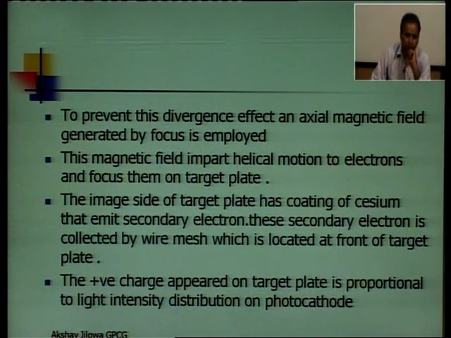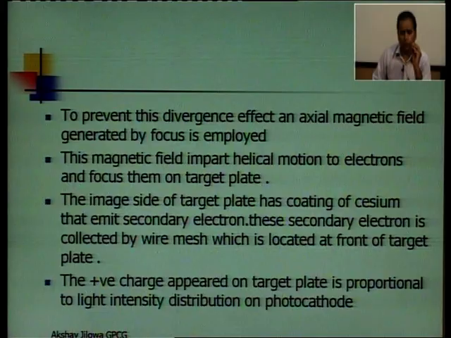The image side of the target plate has a coating of cesium that emits secondary electrons. These secondary electrons are collected by a wire mesh which is located in front of the target plate. So, this is a very important assembly.